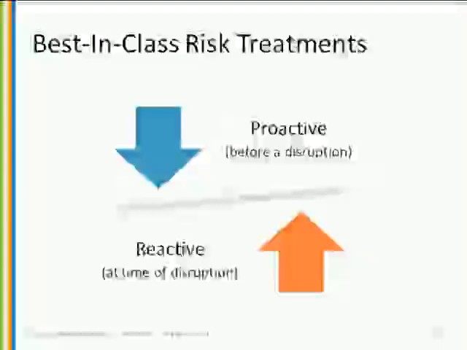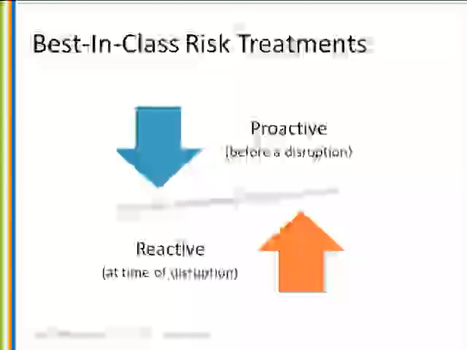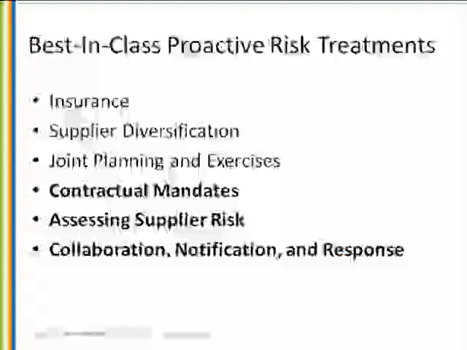Next slide, please. As I introduced when we started the webinar, when we talk about best-in-class risk treatments, we group them into two categories: the proactive risk treatments, those that should be considered prior to a disruption, and the reactive ones, those employed at the time of a disruption to minimize impact.